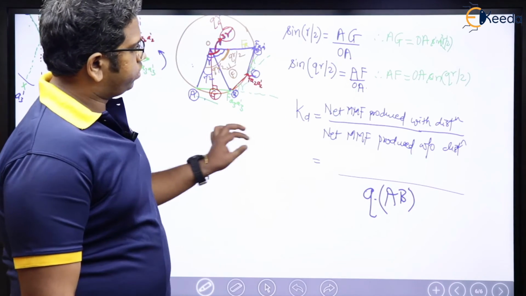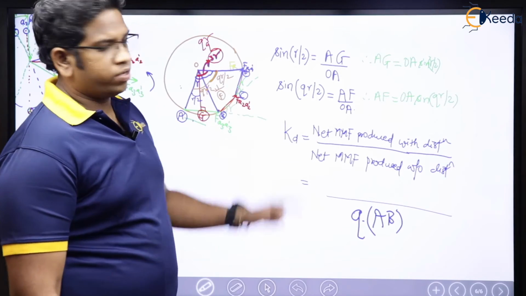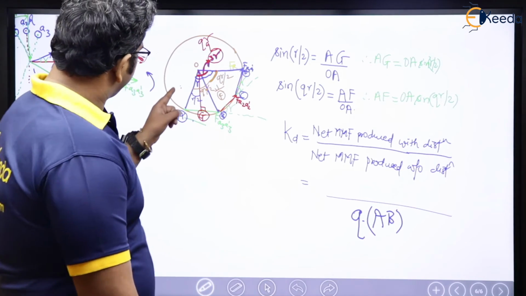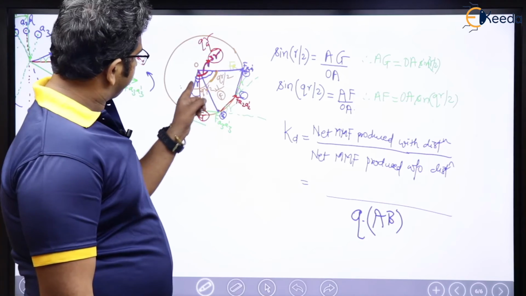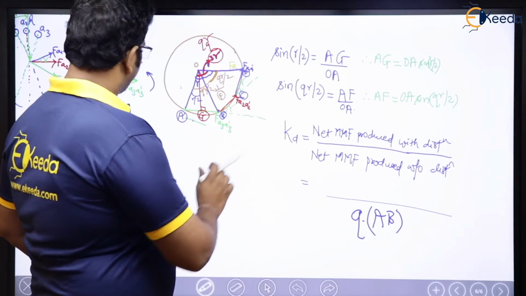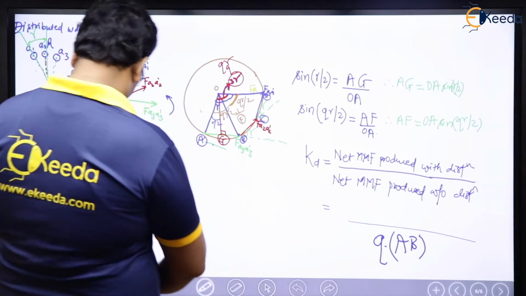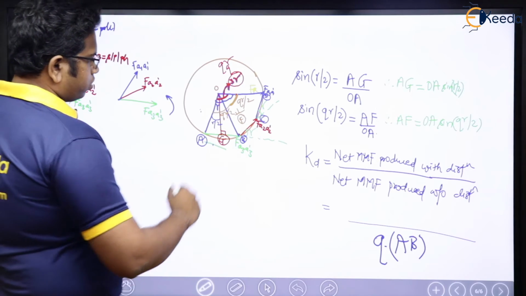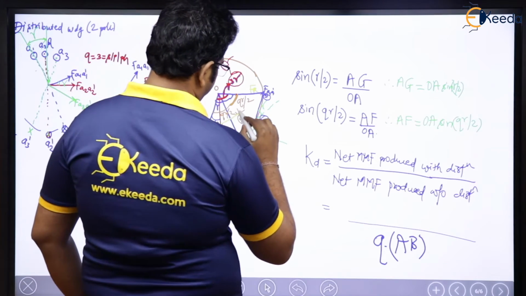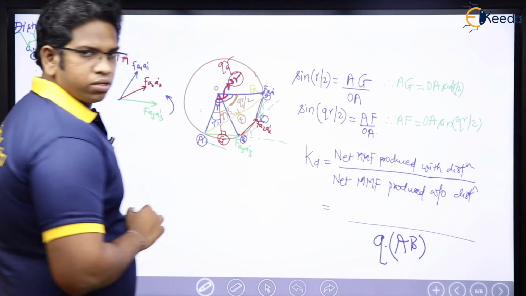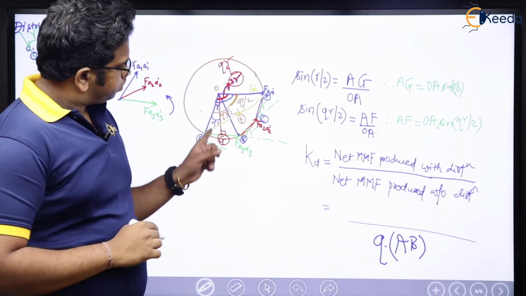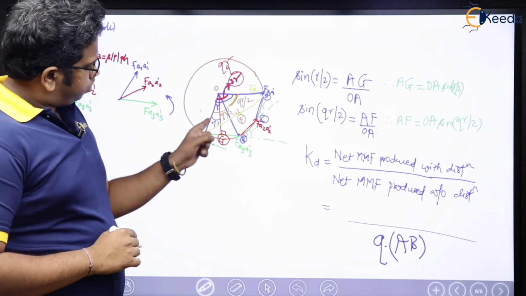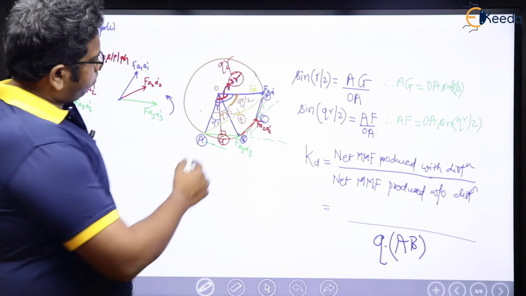And if you think of net MMF produced with distribution, which distribution is this one? This was FR. FR is 2 times AF, because of the perpendicular bisector.